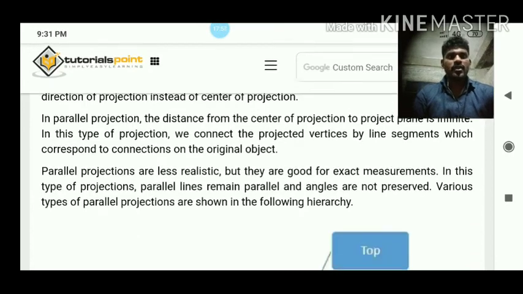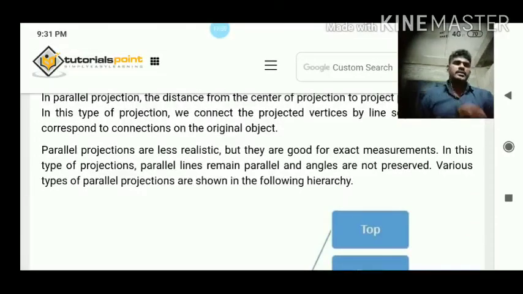So this distance is infinite. The parallel lines will go on and never meet anywhere. This line will go to infinity, and this line will go to infinity.